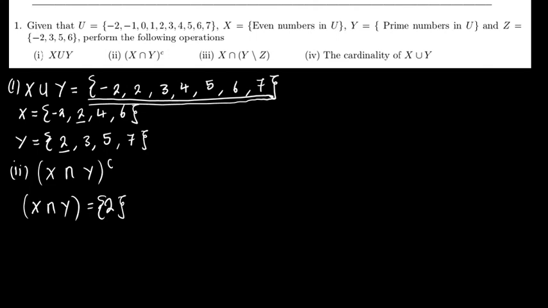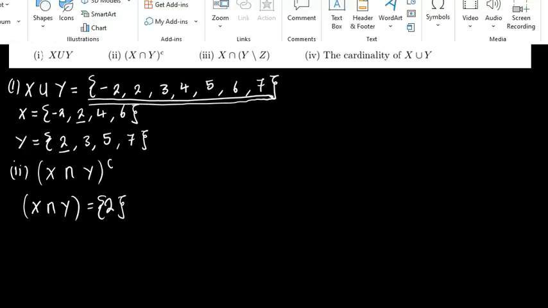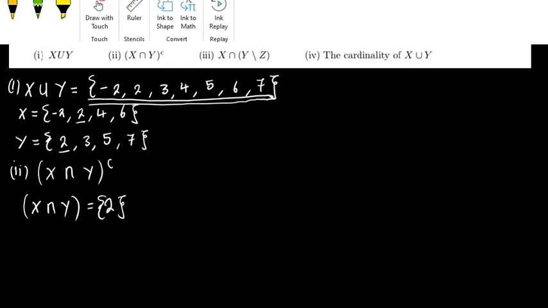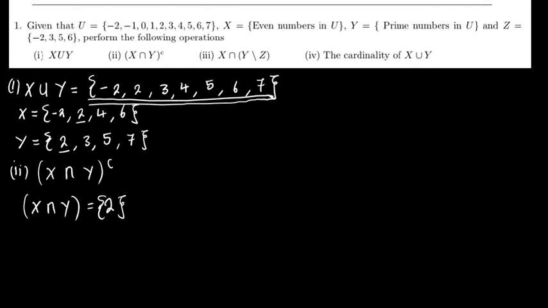So complement simply means we are going to get whatsoever is in the union set, but we just remove 2. So we exclude 2 from the union set. Let me show you what I'm trying to say. So here we have 2, here we have 2. So all the numbers that are going to remain except 2 is the final answer.